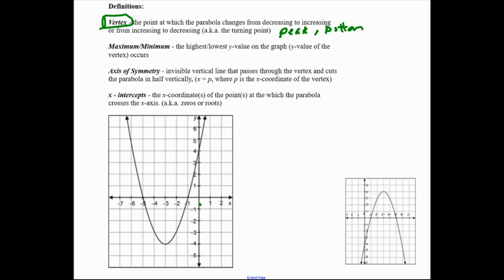In other words, at this point we're going down and we bottom out here. On this one, we peak. This is now going to be called the vertex.